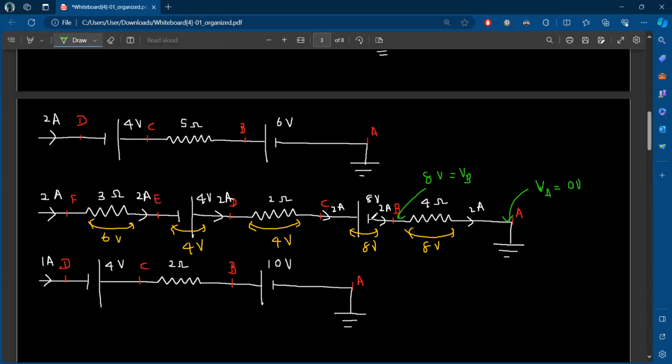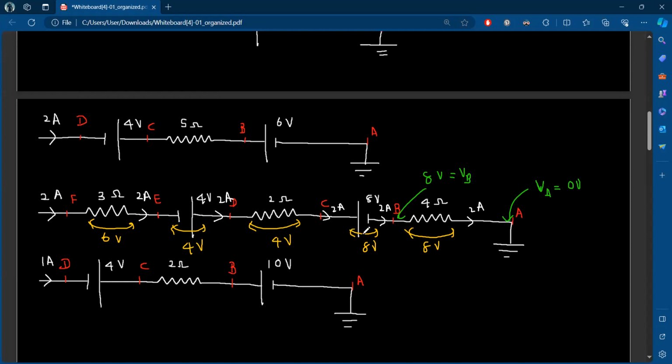The younger one's age is 8 volts. The age difference is 8 volts. Then the older one's is 16 volts, that is VC. And is this one younger or older? Younger one. The younger one's voltage is 16. Age difference? 4. This one is 20 volts. Now, is this one younger or older?